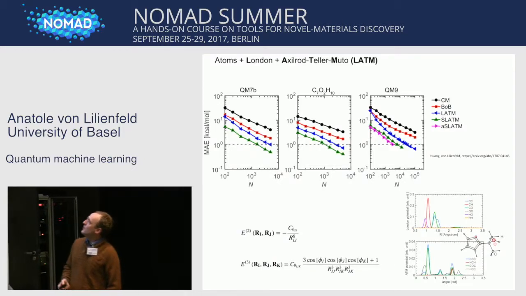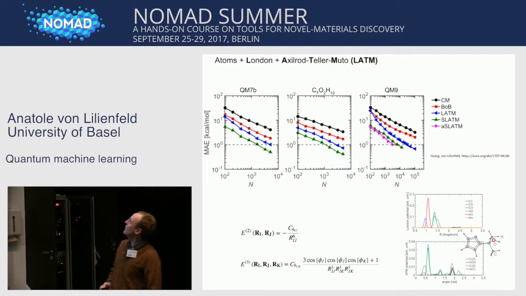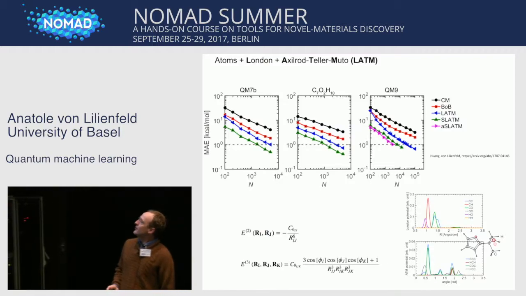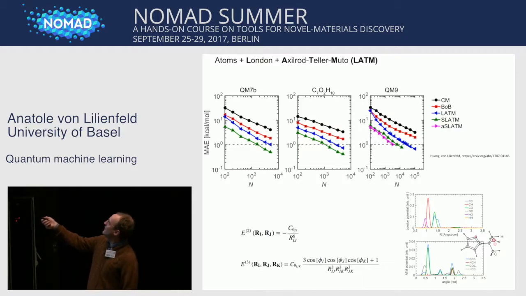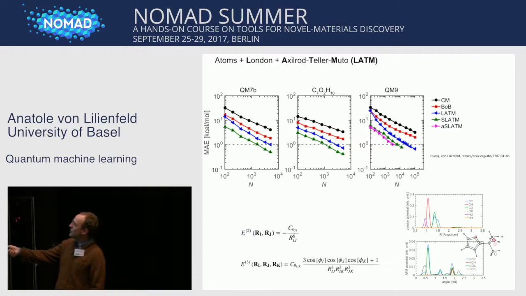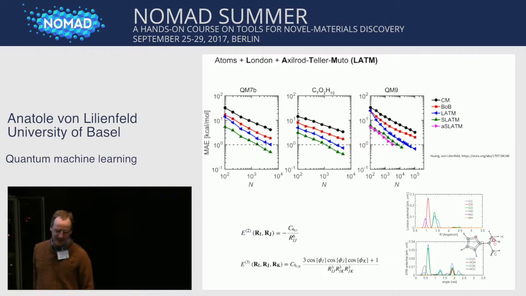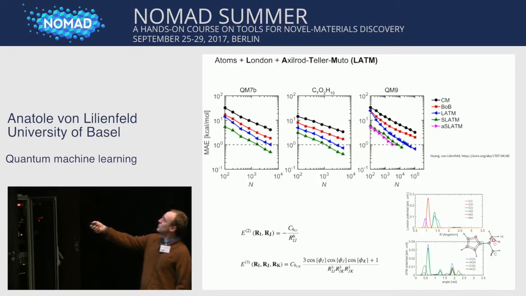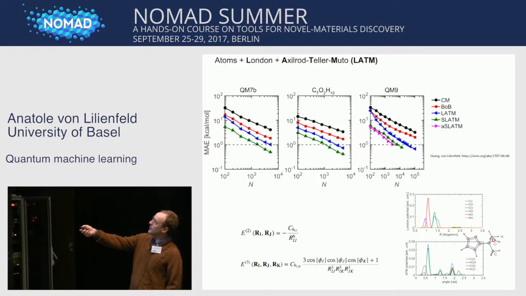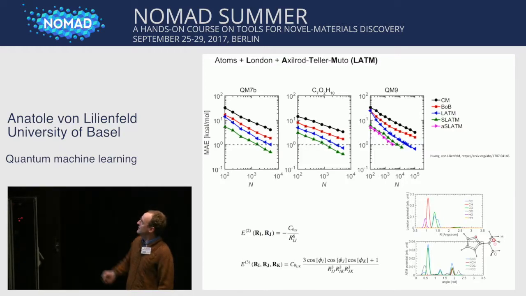Okay, so we've been pushing these developments further, and another variant of the representation, which is already out there, is what we call the ACE-latum. It's an atomic, spectral, London and axilrod-teller-muto representation. So we really put the London and axilrod-teller terms in the representation, and this also produces very promising learning curves, as you can see in these curves.